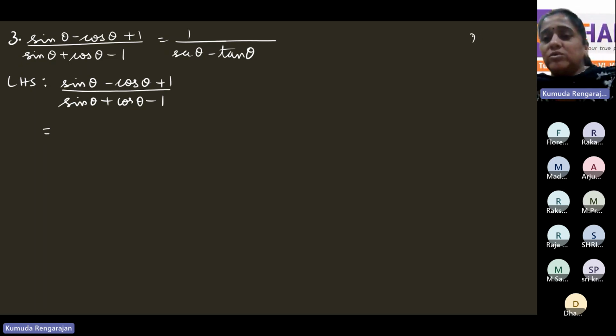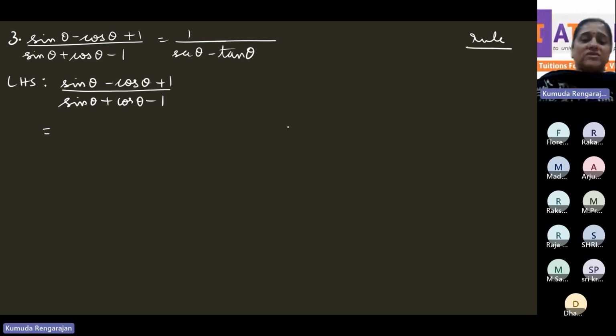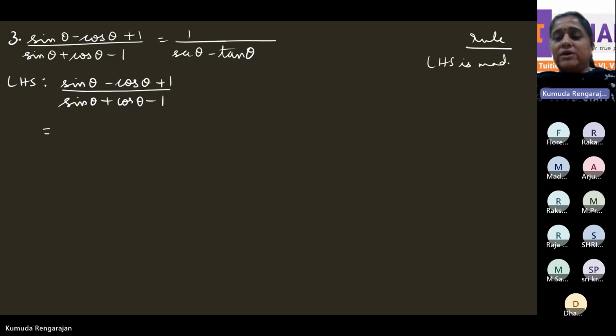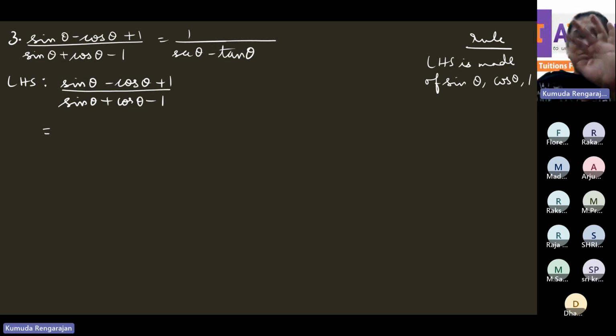Okay. So now this is a rule. When do we use this rule? When the LHS is made up of sine theta, cos theta, and 1. Any one side, LHS or RHS, but here it is the LHS. Forget the signs. The signs can be plus, minus, whatever.